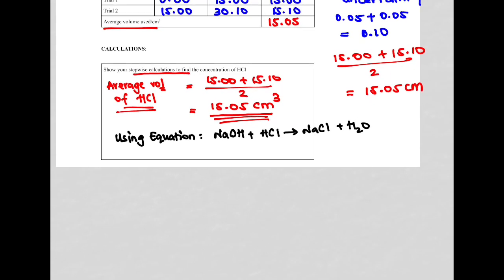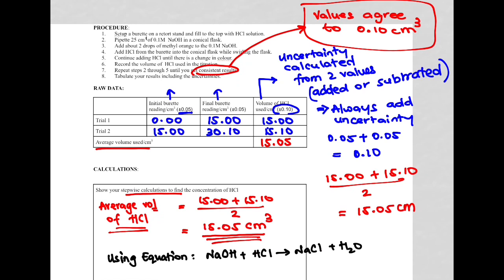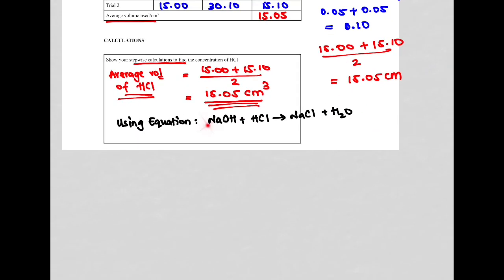Now, to know the number of moles of HCl, I need to know the number of moles of NaOH, because if you see here, I have the concentration of NaOH, I have the volume of NaOH. So from this, I can find the number of moles of NaOH. And using the mole ratio, I can find the number of moles of HCl.